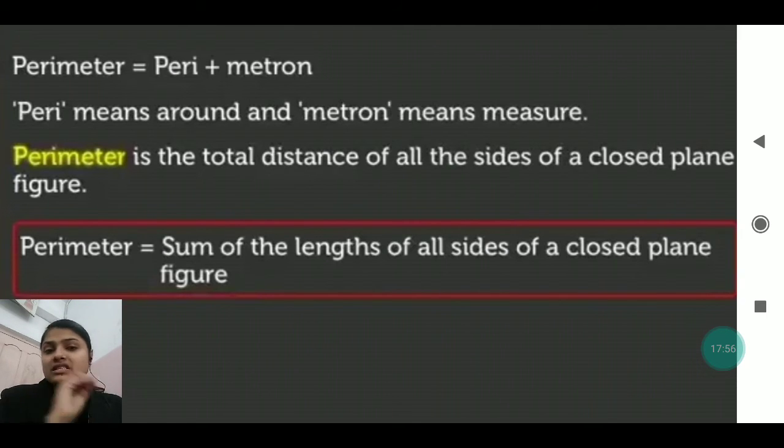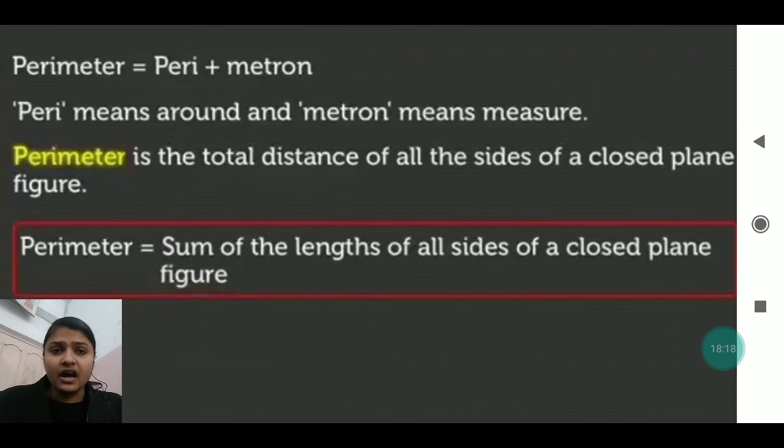You just have to add all the sides, whatever they are. Sides can be different or the same. You add all the sides and you get the perimeter of that figure. Perimeter is the total distance around all the sides of a closed plane figure. This is the definition of perimeter.